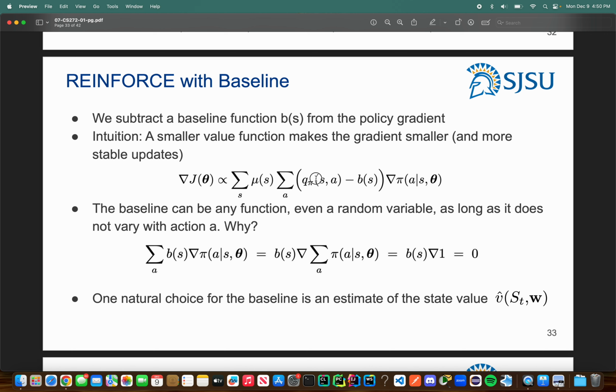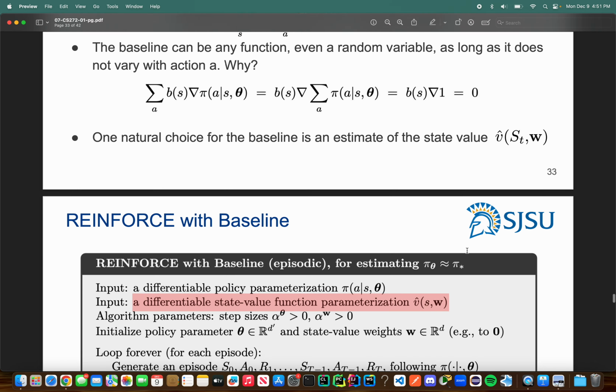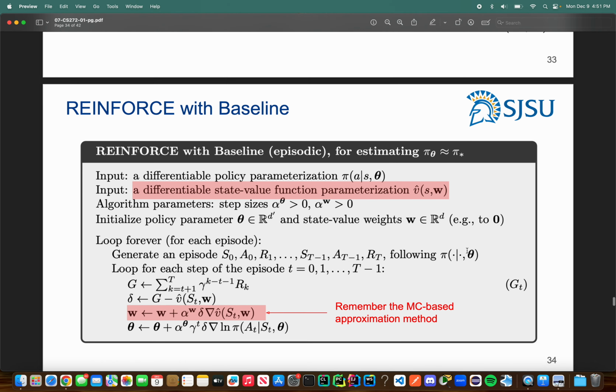So instead of having just Q(S,A), you have Q(S,A) minus B(S), and they have some kind of proof regarding why that doesn't modify the actual function and why it all sums up to 0. Again, some part of the math that I did not dig further into, but definitely worth looking into if you're more of a math person.